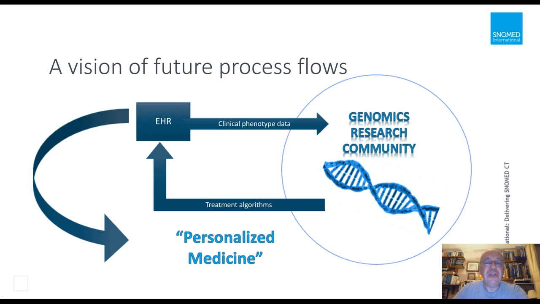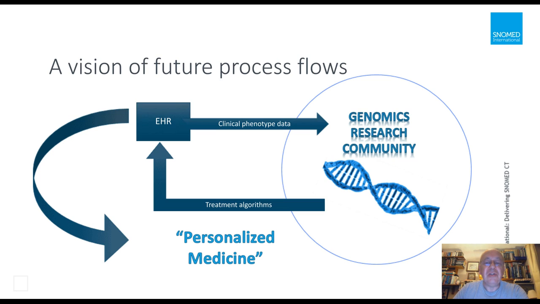So the vision of the future, as we move from genomic medicine into a new world of precision medicine, is the electronic health record, the EHR, containing a lot of detail, particularly around clinical phenotypes, which are required by genomics researchers. SNOMED will allow them to abstract that level of detail from the EHR and do genomics research based on that information.